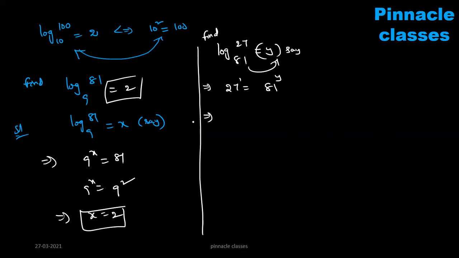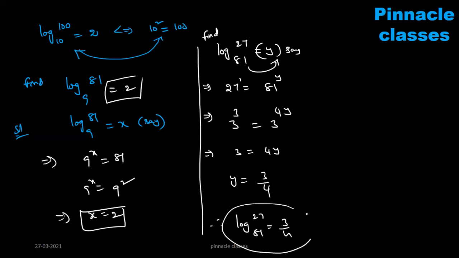So here, bases are different. How to write this one? Both are powers of 3. Common base 3, so 3 power 3 is equal to 3 power 4y. Again, base are equal. 3 is equal to 4y. Then what is the value of y? 3 by 4. So log 27 to the base 81 is 3 by 4, that is the answer.